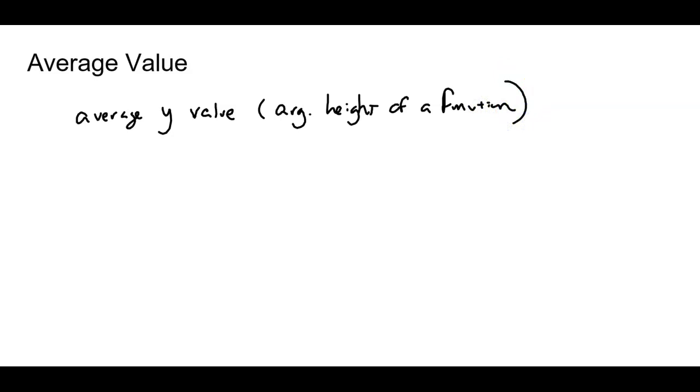You add together all the things and divide by how many there are. But in calculus, the way that you add together all the y values is you integrate your function on the interval. And the way that we divide by how many there are is we divide by the length of the interval. And so that will tell you the average y value or the average height of your function.